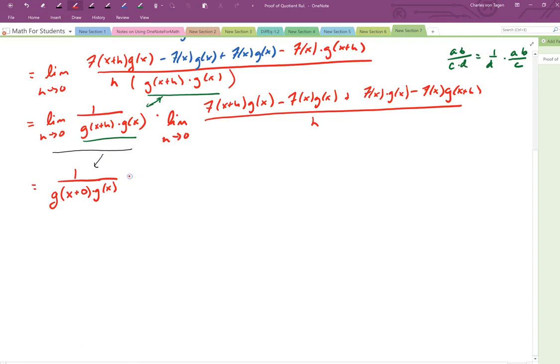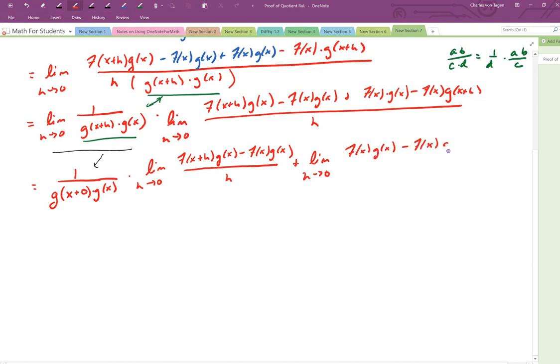Now over here I'm going to start building a couple of derivatives. Let's write this as the limit as h approaches 0 of f of x plus h times g of x, minus f of x g of x, all over h, plus the limit as h approaches 0 of f of x times g of x, minus f of x times g of x plus h, all over h.